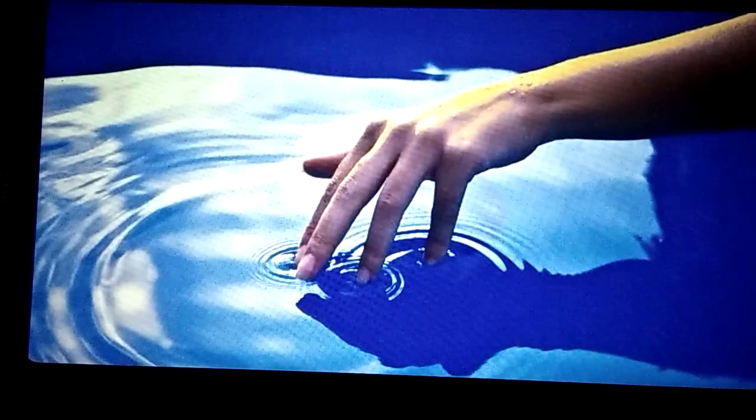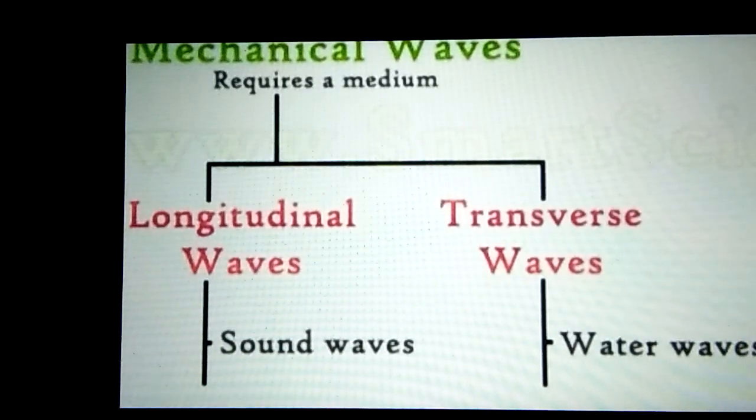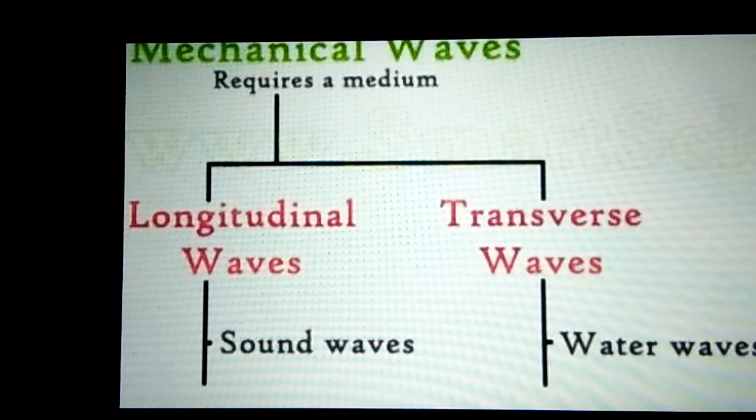There are mainly two types of waves. One is the mechanical wave and the other one is the electromagnetic wave. So, first one is mechanical wave. Mechanical wave is a wave which requires a medium for its propagation. So what do you mean by a medium? A medium is something which facilitates the transfer of energy.